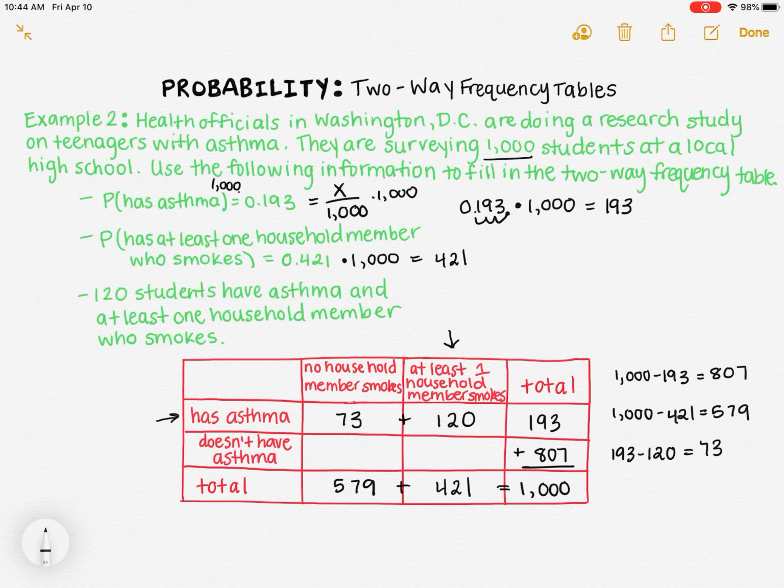And then I can use my columns to do the rest. So if 73 in the first column have asthma and there's 579 total in that column, 73 plus this number needs to give me 579. So that would have to be 506.